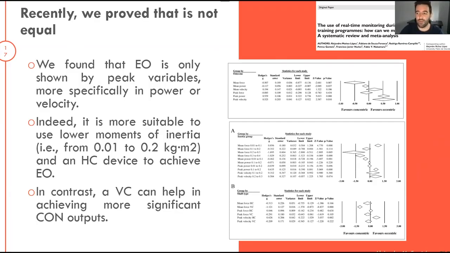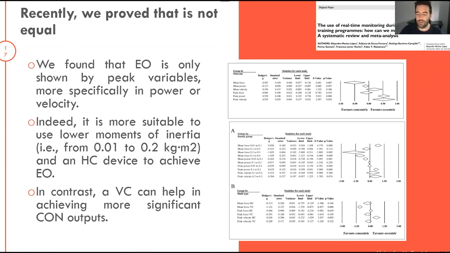The only way to have the eccentric overload is to decrease the range of motion on the eccentric phase or delay the break of that energy, so you can create a higher peak. We call the flywheel devices passive devices, and in passive devices you cannot have a real eccentric overload.